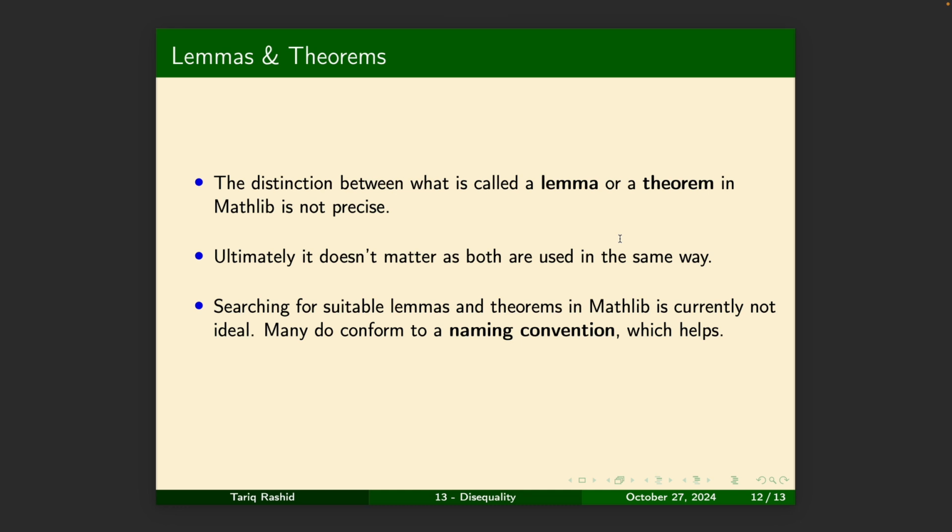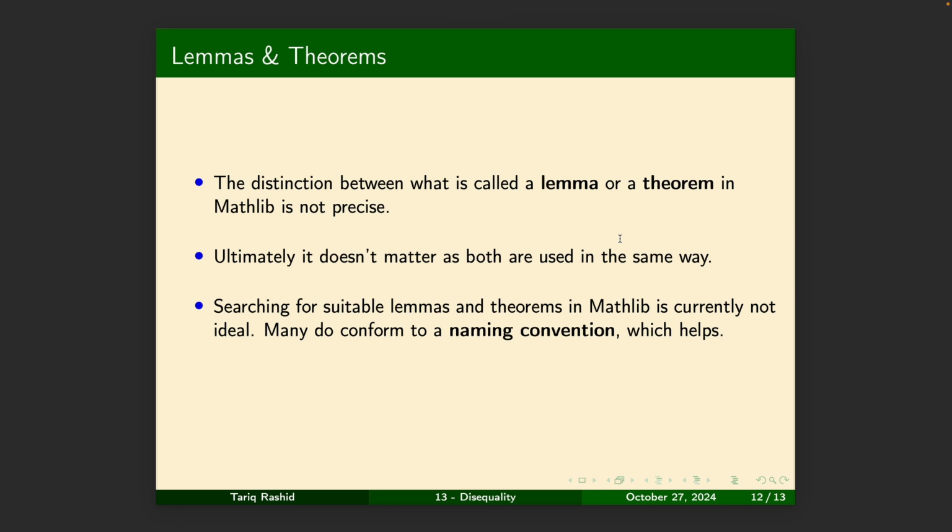It's worth saying a few short words about lemmas and theorems, mathematical jargon. Broadly speaking, lemmas are seen as smaller, less important, whereas theorems are grander and possibly important in changing our understanding of mathematics.